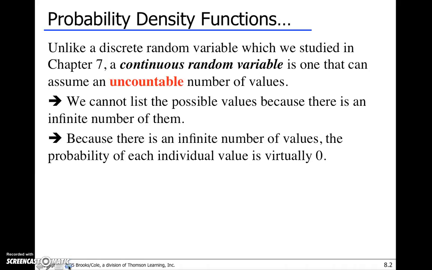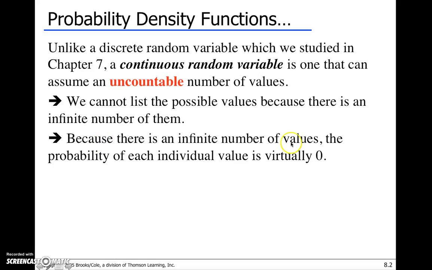First, we look at probability density functions. Unlike a discrete random variable, which we studied in chapter 7, a continuous random variable is one that can assume an uncountable number of values. We cannot list the possible values because there is an infinite number of them.